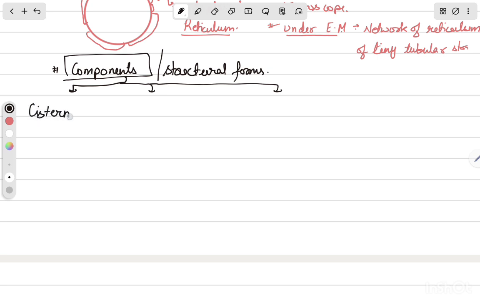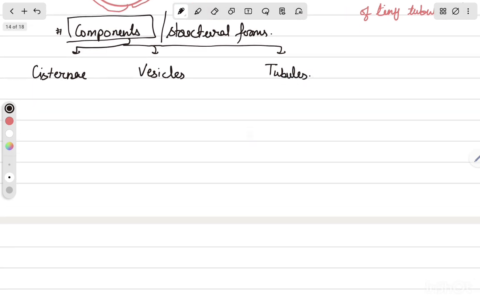One is cisternae, second is vesicles, third is tubules, right? Now what is cisternae? Cisternae is this membranous structure. Vesicles are spherical bodies, right?